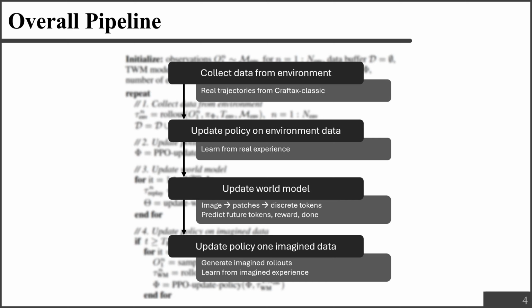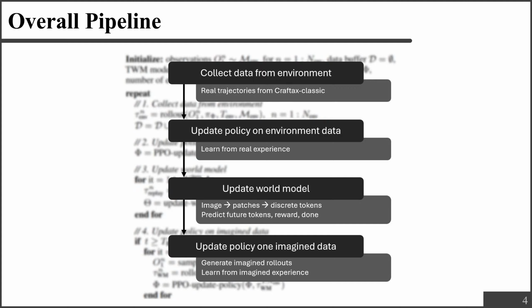This is the overall training pipeline of this paper. The first step is to collect data from the environment. The agent interacts with Craftax Classic and gathers real trajectories consisting of observations, actions, rewards, and done signals. The second step is to update the policy using environment data.